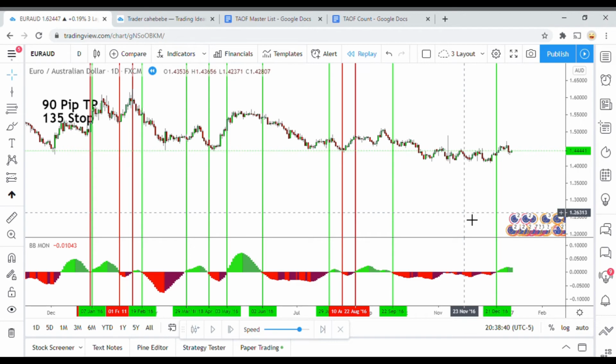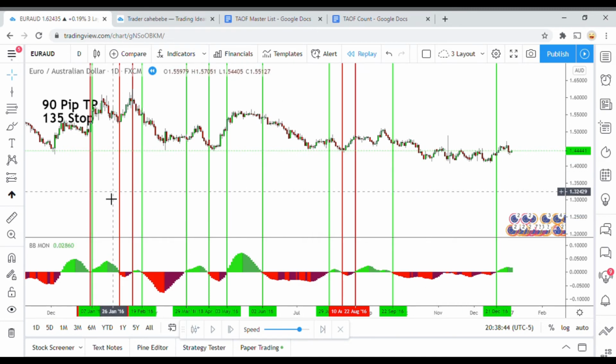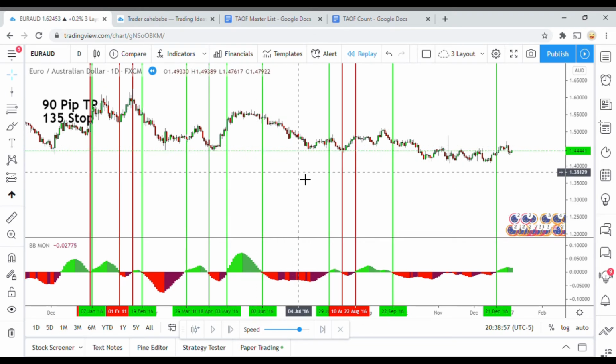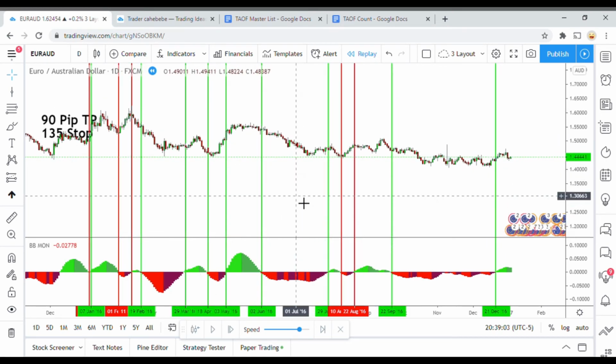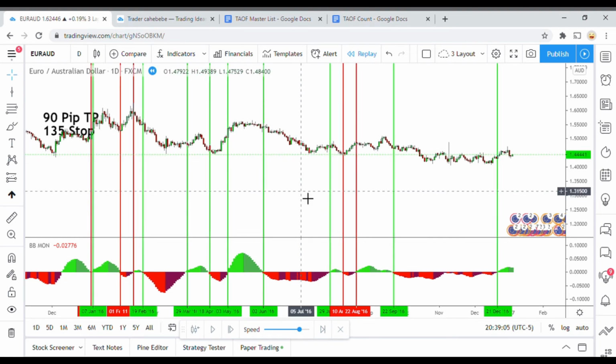So 14 trades altogether. And then we have 1, 2, 3, 4, 5, 6, 7, 8, and 9. So we have 9 winning trades. And so that will barely get us to the 60% win rate.